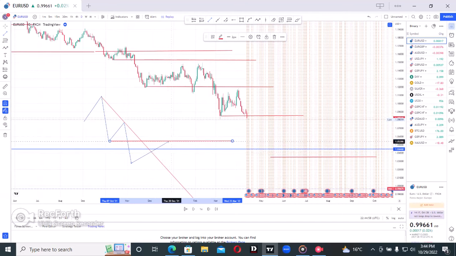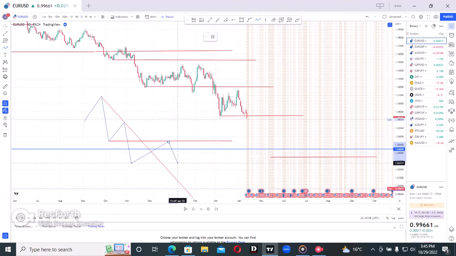So if we break the trend line, but we did not break this resistant level, there is a high possibility that this market can still move in the down direction. But if we break this resistant level right here, just like this, now I can say this market is going to move in the up direction. I hope this is clear.